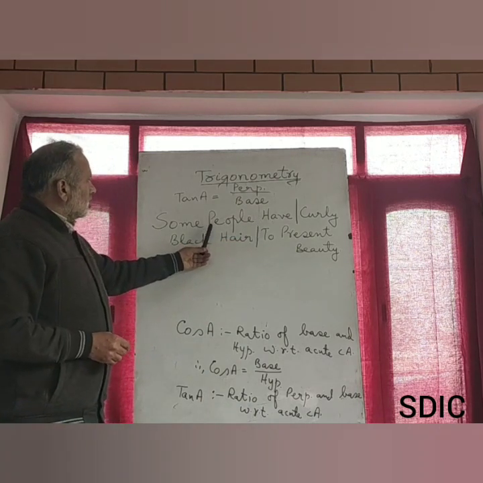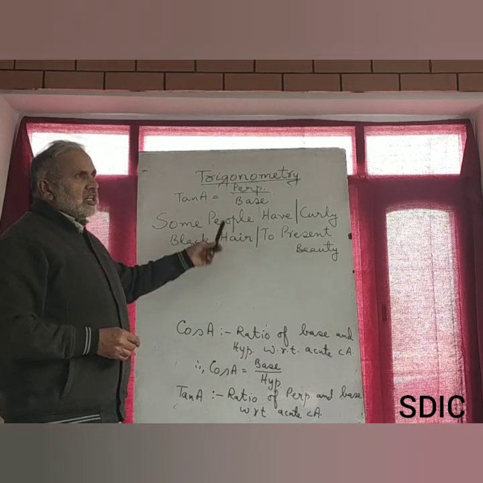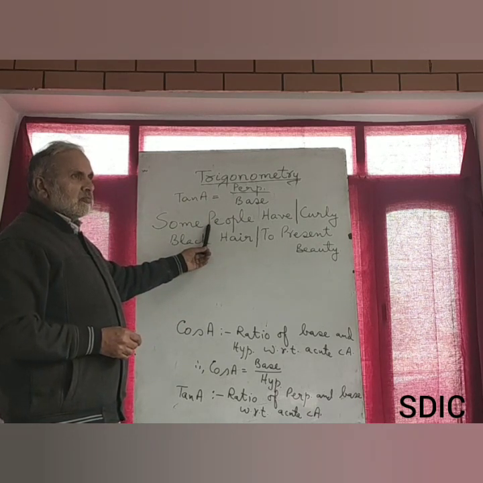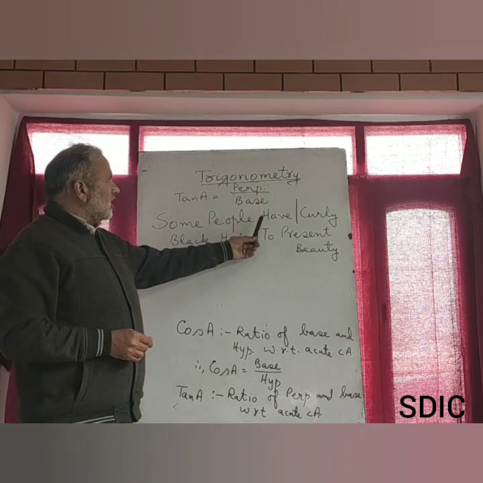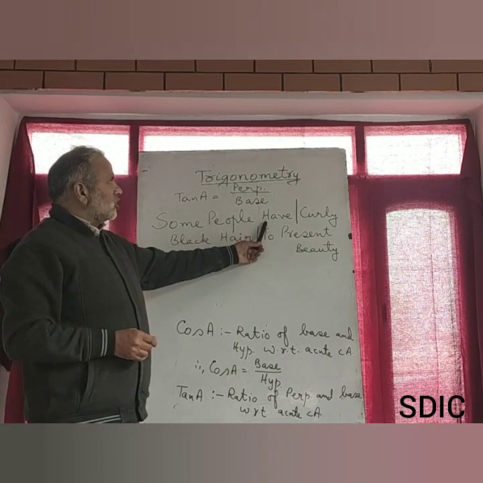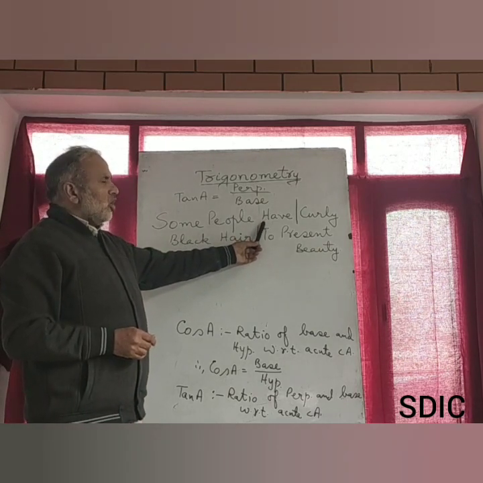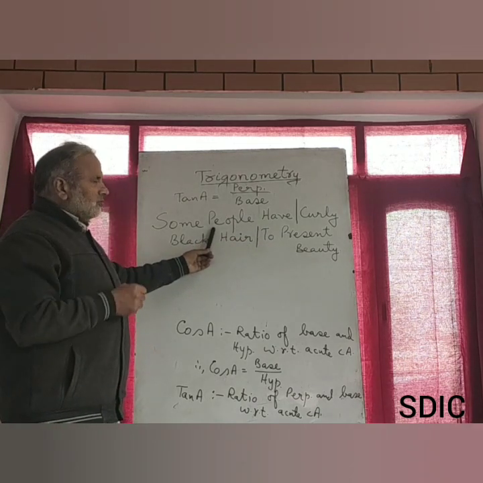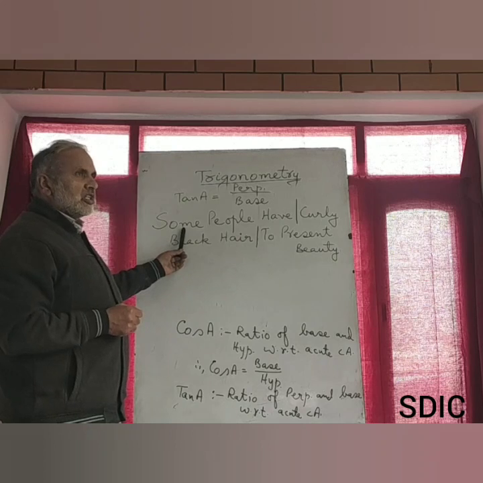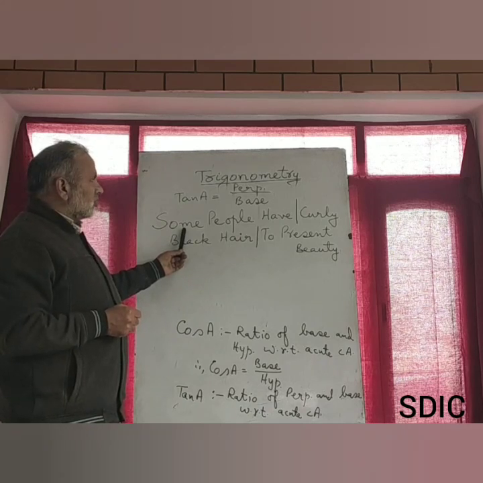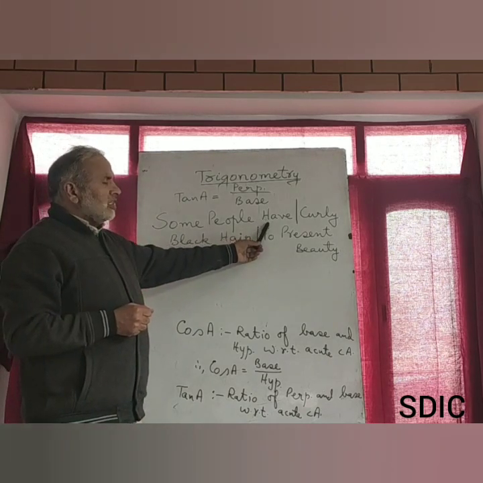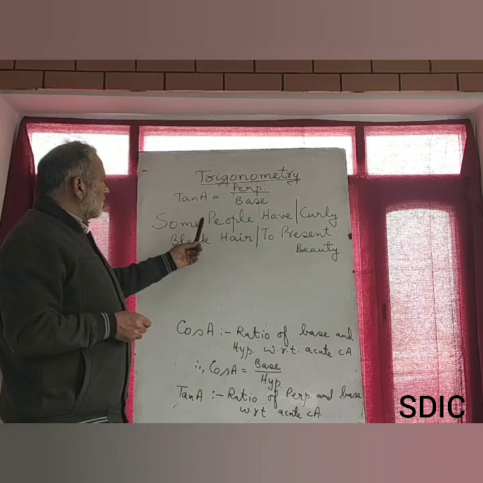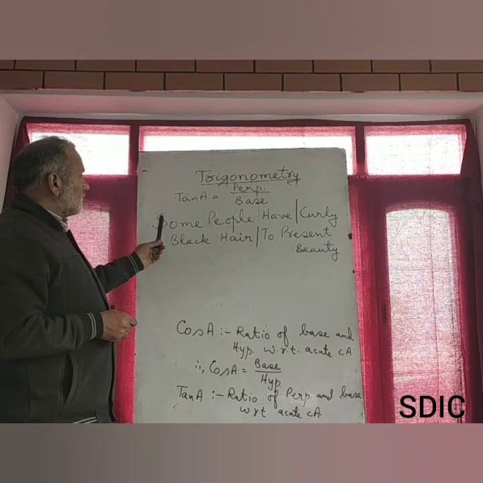And we know out of the 3 sides of the right triangle, the side perpendicular begins with P, whereas the side hypotenuse begins with H. Perpendicular therefore will be the numerator in case of the first trigonometric ratio sine, whereas the side hypotenuse will be the denominator of the trigonometric ratio sine.